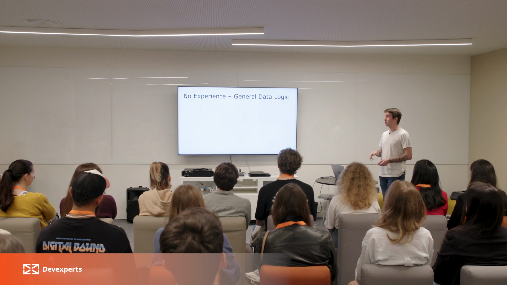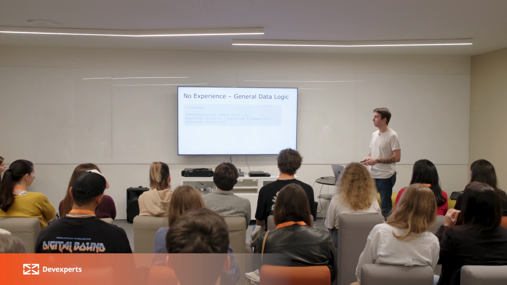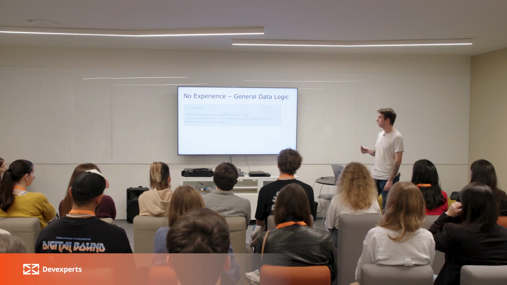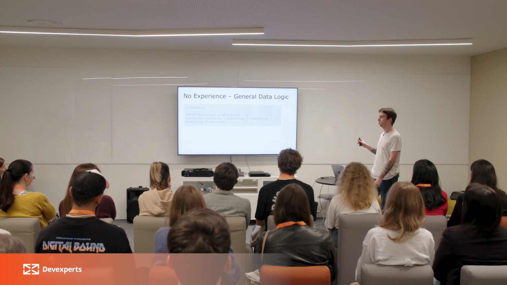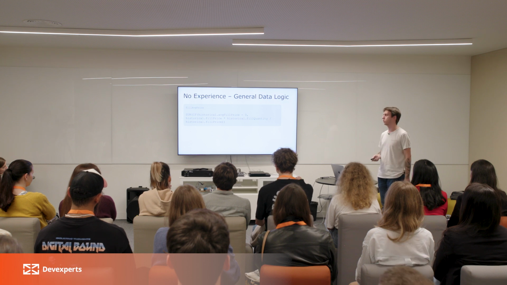Now this one is going to be a bit scary in the next slide. You'll see a formula here, and without any experience, you can still probably work with general data logic. I will demonstrate how with a few simple logical questions, you can dissect this formula and make it a bit easier to understand.